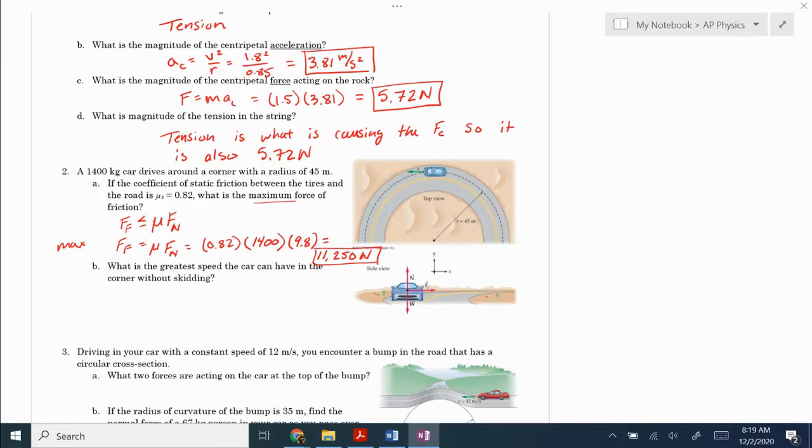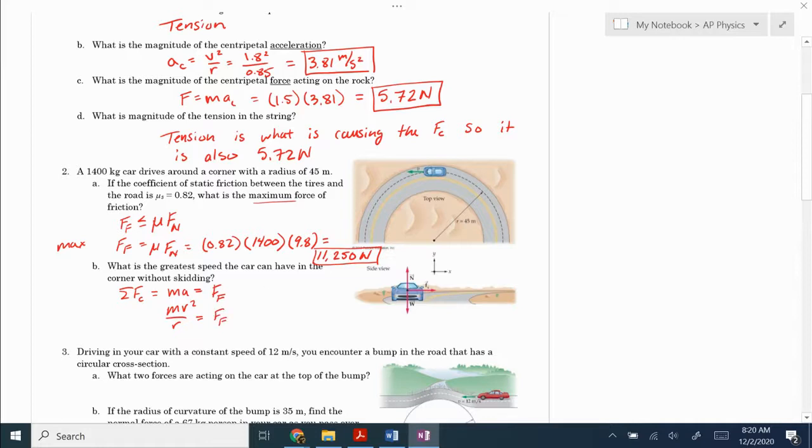What is the greatest speed the car can have in the corner without skidding? For that, we sum the forces towards the center of the circle. It's going to be ma equals force of friction. So that's m v squared over r equals force of friction.